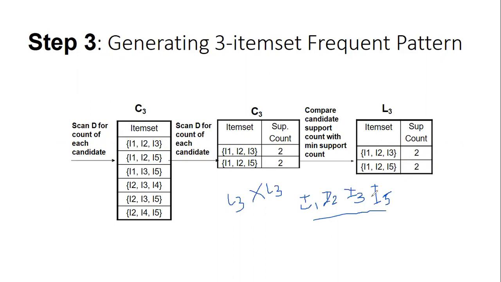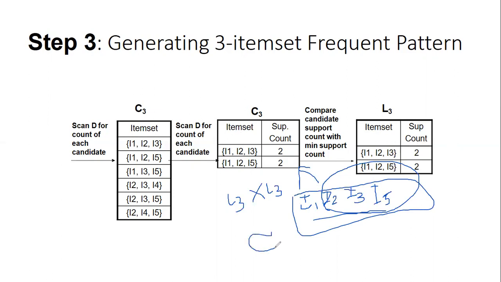But I2, I3, I5 is a subset of I1, I2, I3, I5, and this subset is not found in L3. That means it is infrequent. If a subset is infrequent, then the entire set is also infrequent.